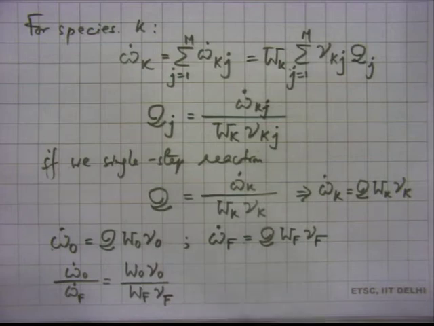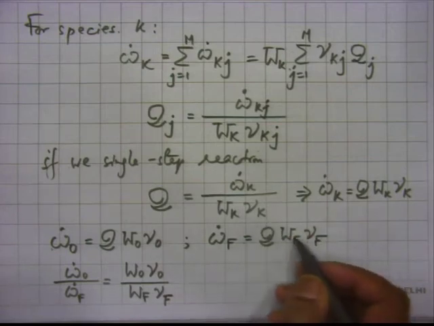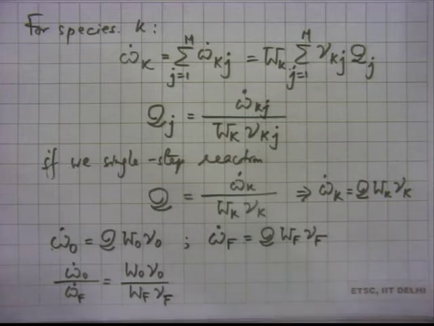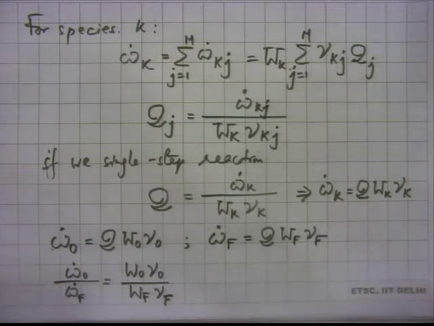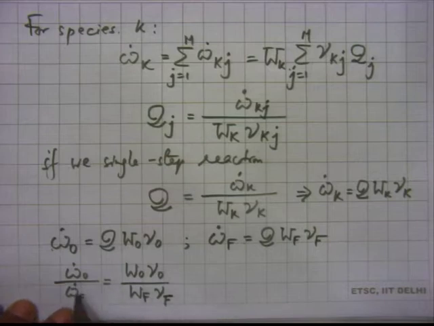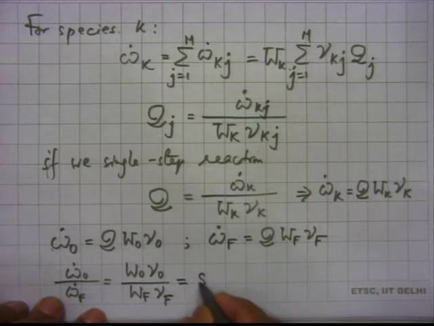Once you have this capital omega, you multiply it by the respective species molecular weight and the stoichiometric coefficient. This nu is actually nu double prime minus nu prime. Okay. So, we can get this omega dot O by omega dot f. The capital omega has got cancelled and we call this an S.